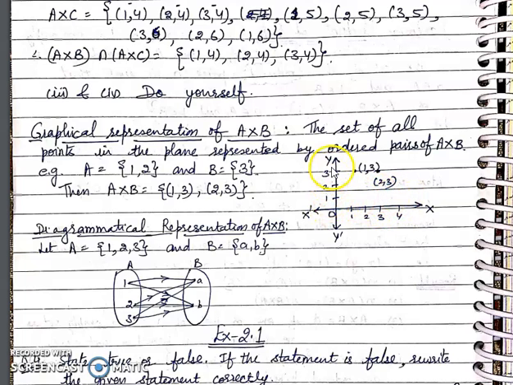So these ordered pairs are also a graphical representation of A cross B: the set of all points in the plane represented by the ordered pairs of A cross B. For example, if A is equal to {1, 2} and set B is equal to {3}, then the ordered pairs are (1,3) and (2,3).